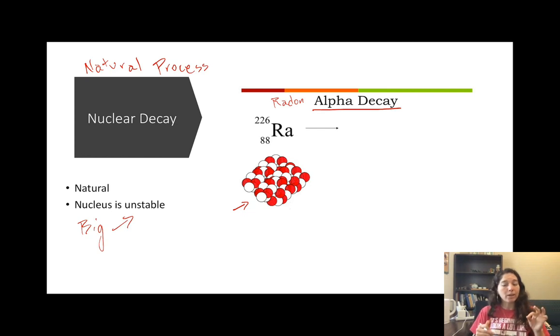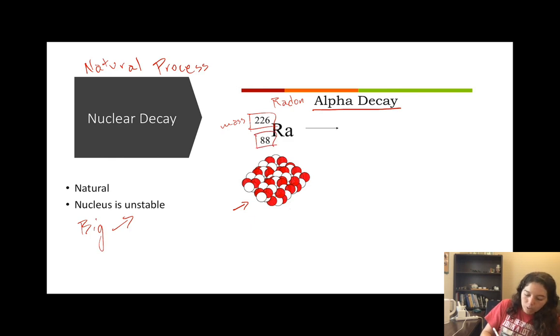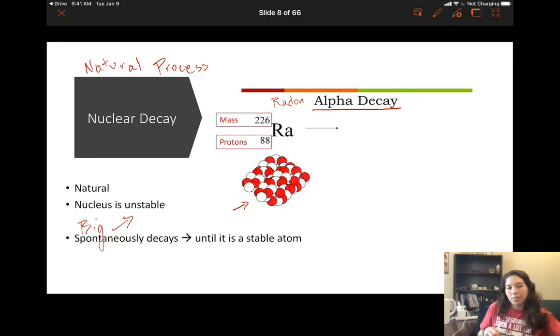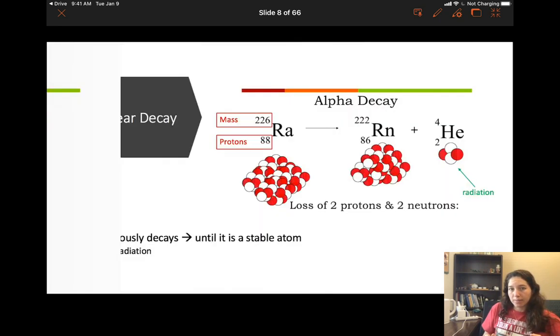So a lot of these at the bottom of the periodic table are radioactive. So radon here, this is its mass. This is the number of protons that it has. When it undergoes alpha decay, it's a spontaneous process. It does this until it becomes a stable atom, and it emits radiation to do this.